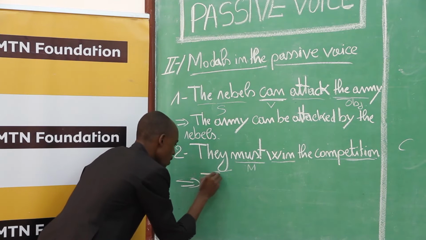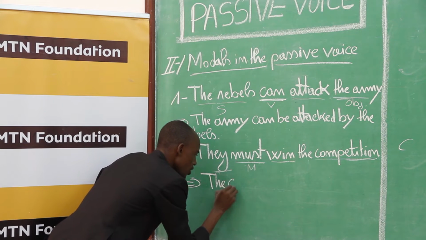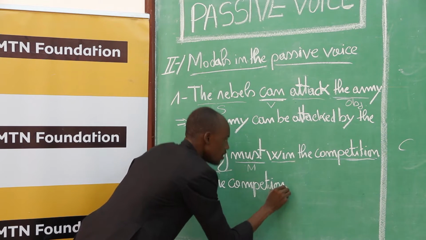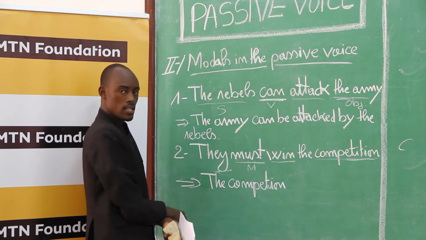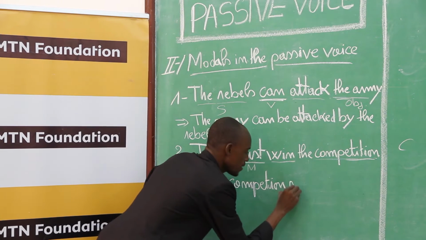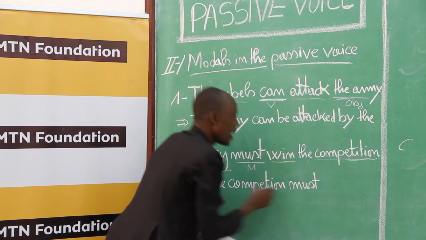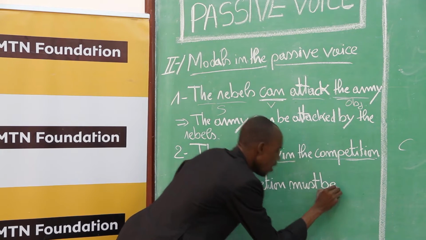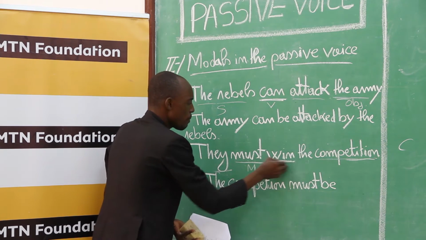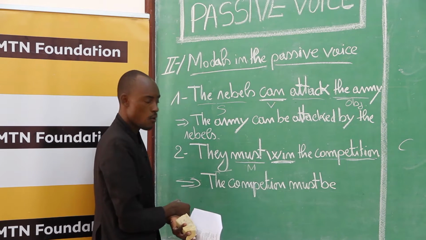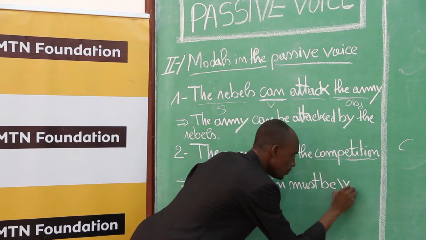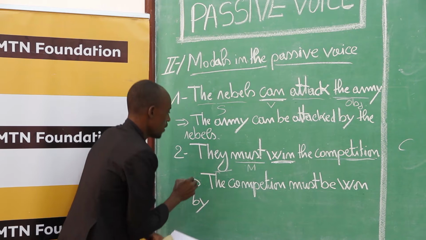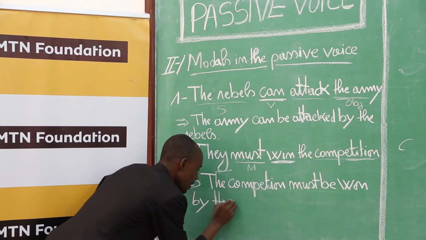Here we have the competitions, and we take the modal verb must followed by the auxiliary be. Must be, and we take the past participle of the second verb: must be won, by them.